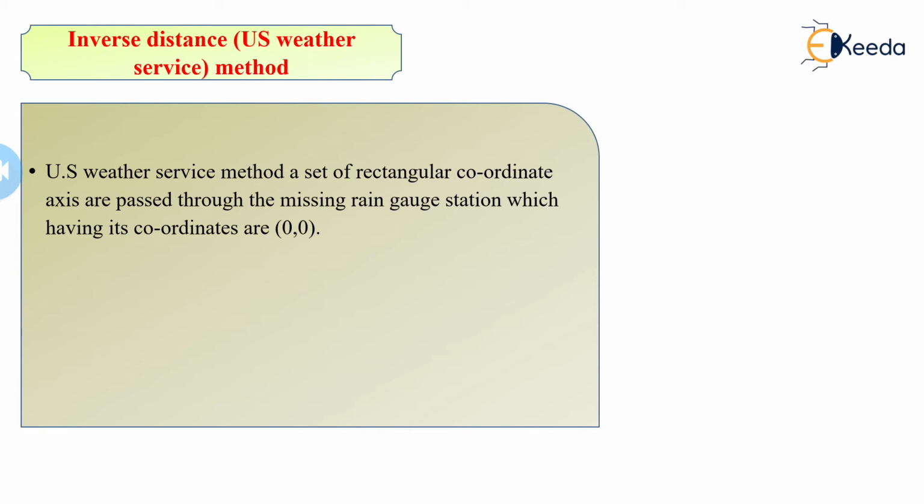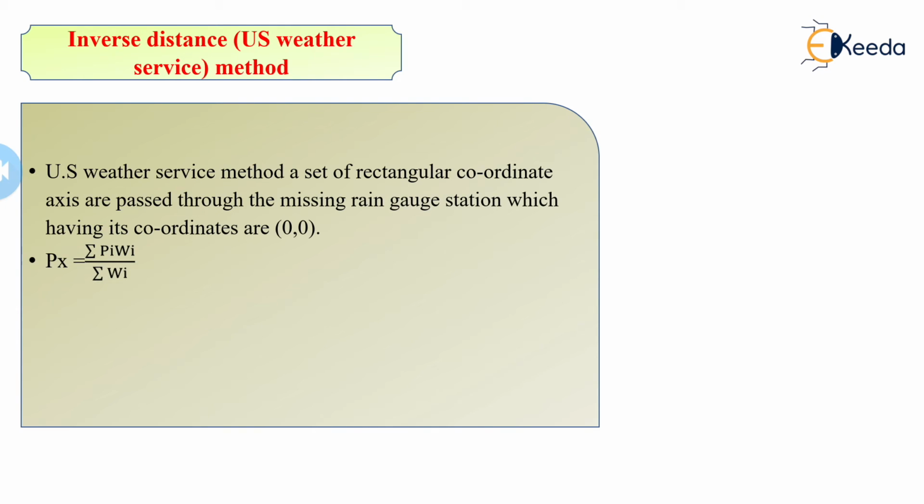The missing rain gauge station is taken as the origin, which has the coordinates 0 for x and 0 for y, and from this we can find out the coordinates of the existing rain gauge stations. So a set of rectangular coordinate axes passes through the missing rain gauge station, which has coordinates 0 x and 0 y.